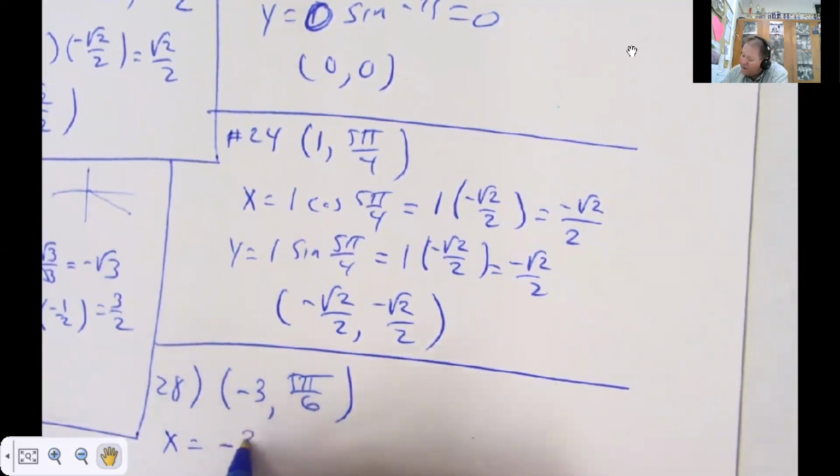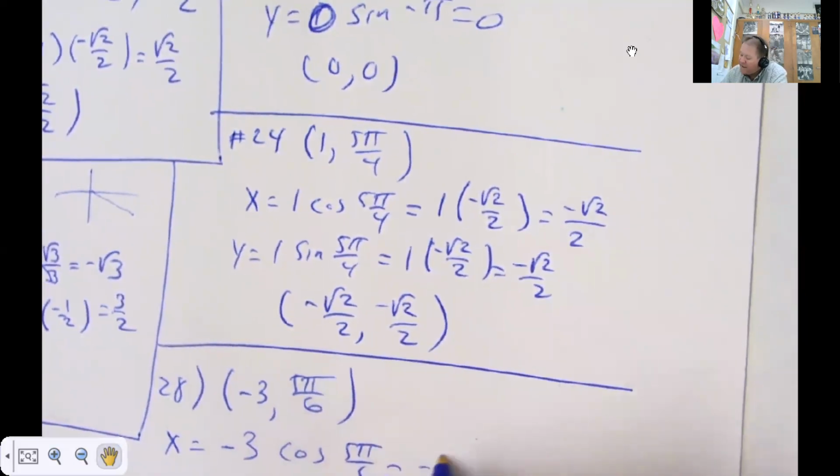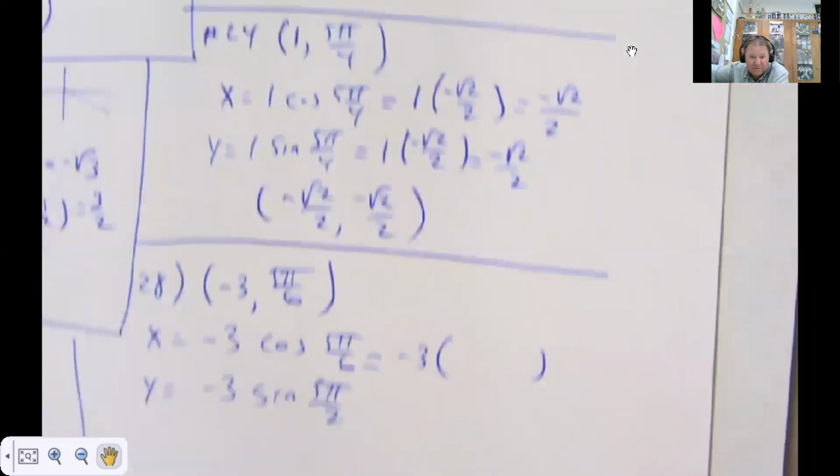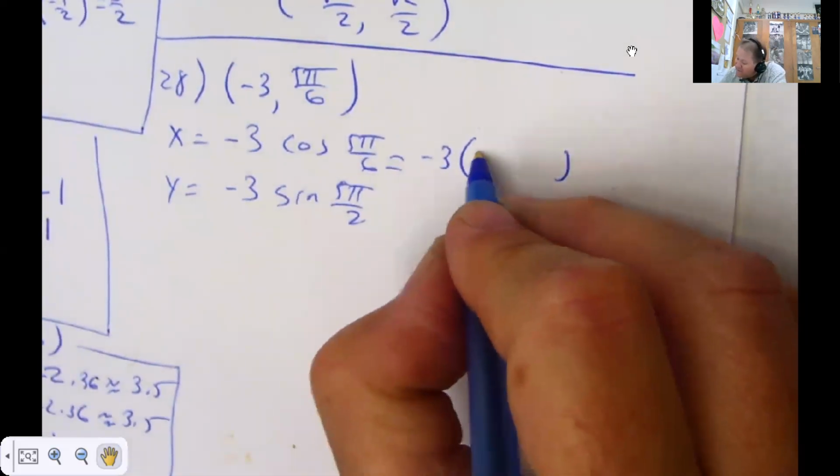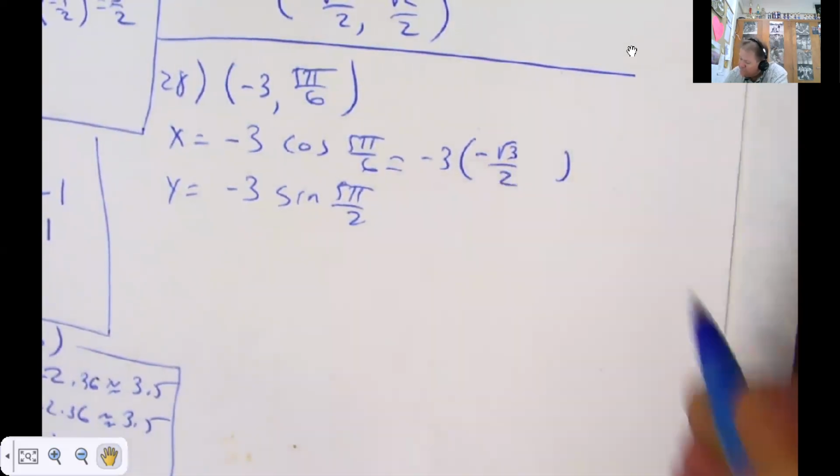So x is r cosine of theta, and y is equal to r sine of theta. This is going to be equal to -3, and the cosine of 5 pi over 6 is -√3 over 2.